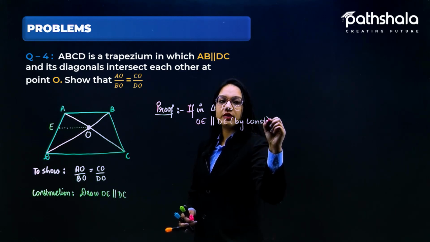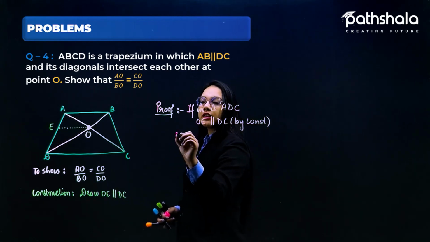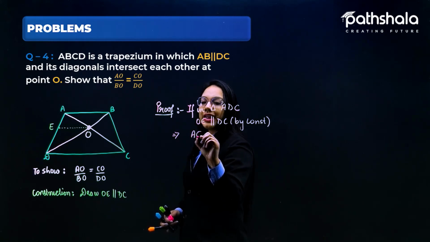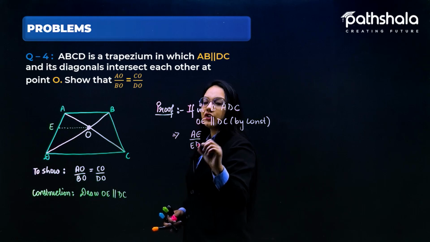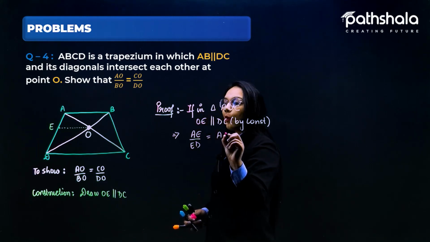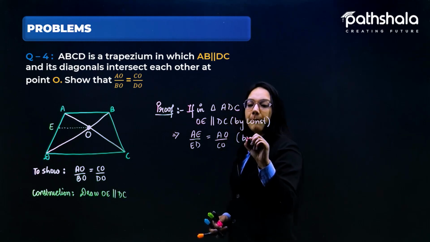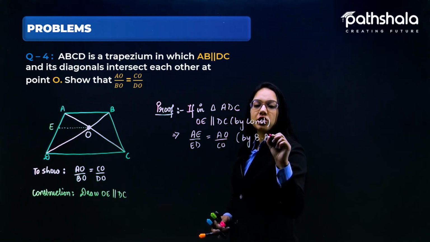If this is parallel to this one, it implies that we can use the basic proportionality theorem, and using that we can say AE by ED is equal to AO by CO.